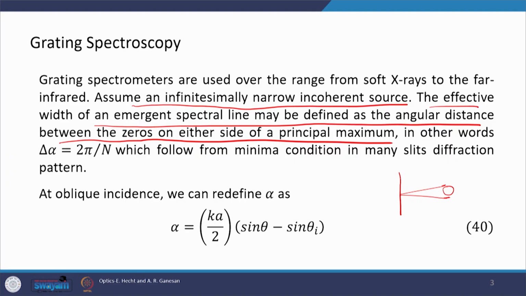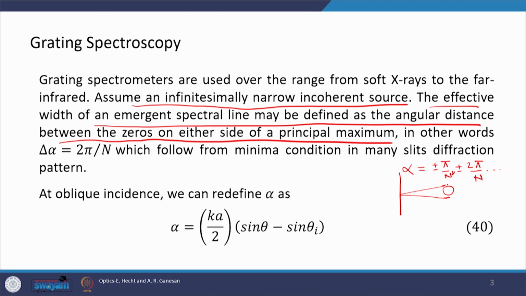In the many slit diffraction pattern, we know that the positions of minima are given by plus minus pi by N, plus minus 2 pi by N. Now, these positions of minima allow us to calculate the angular separation of minima on either side of the principal maxima.